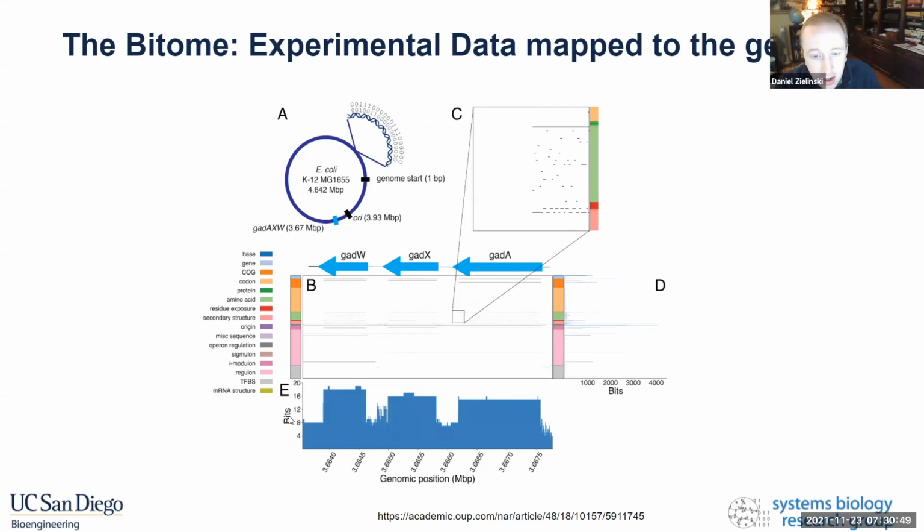And you can see here in panel E, this is from this paper in NAR that we published on the bitome. The amount of information is quite different across bases. The main differentiator is kind of obvious. It's whether a base pair is within a gene or not. But there are some surprise regions where there's quite a lot of data that maps to that, and functions and things.